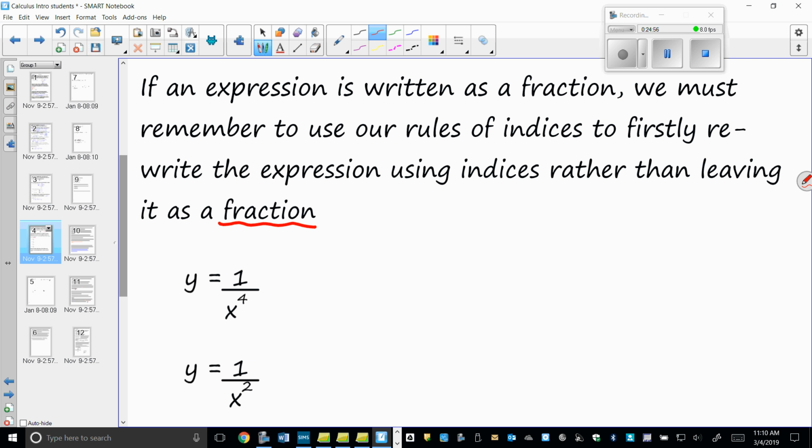I know there is a power in our fraction, but you need to change it. My first step is just to write equals, because I have not differentiated it yet. I'm just going to change the format of it. How else can I write 1 over x to the power 4? X to the power of negative 4, perfect.